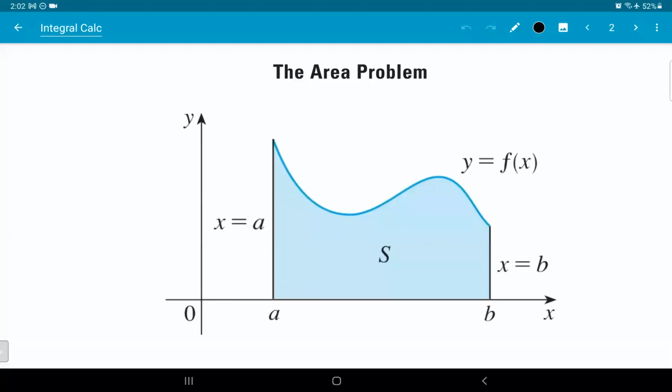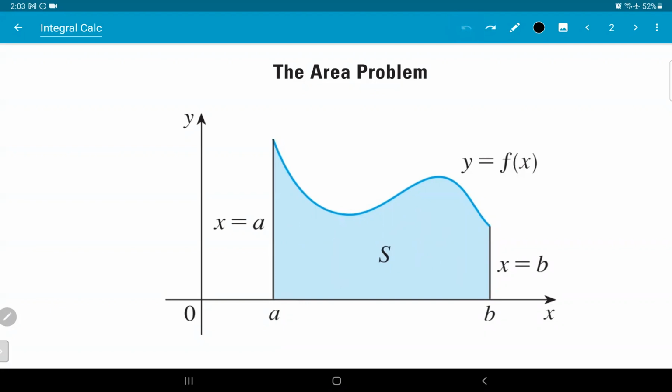They were interested in solving the area problem, where you are given a curve and you want to find the area under the curve, like in the figure here. You have a function y equals f of x, and you want the area under the curve above the x-axis from A to B, that is the interval AB. So the shaded region S here.